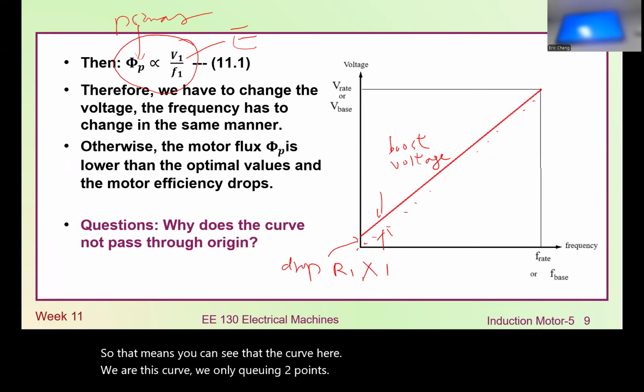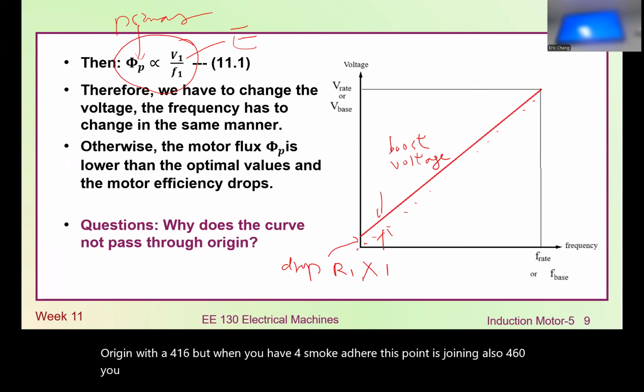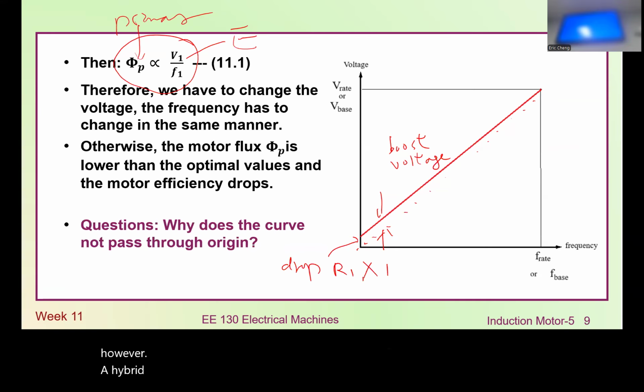One originally from the origin to 460, but when we have boost voltage, this point is also joining 460. The motor already allows 460 volts to compensate for the voltage drop at R1. At high voltage, the share of that kind of R1 voltage would be of real concern to the motor.